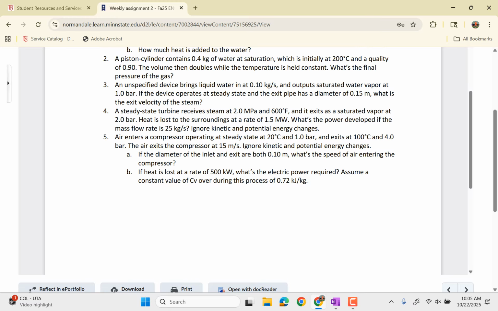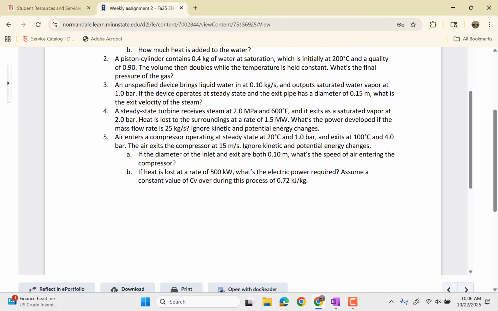You can just set up that m dot is equal to A times the speed divided by the specific volume and just calculate the speed that way. Yes, exactly. So you have everything you need to calculate m dot at the exit, and then you know that that's also m dot at the inlet because it's steady state, and then you can calculate the speed.